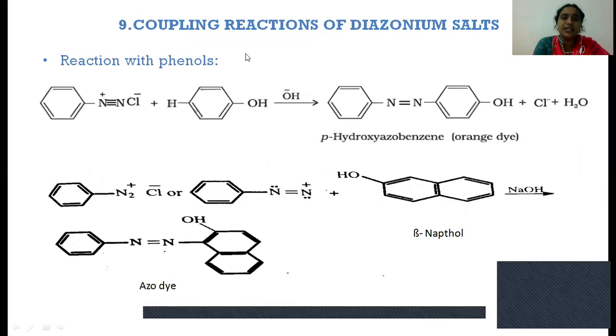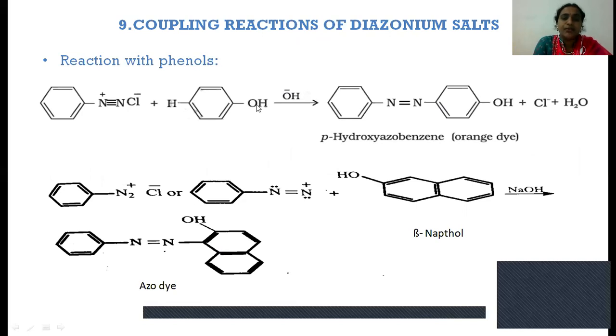And the next reaction is coupling reactions. Here, benzene diazonium chloride first couples with phenols. The benzene diazonium chloride reacts with phenol.